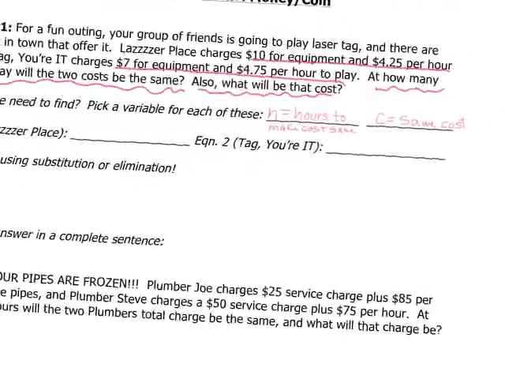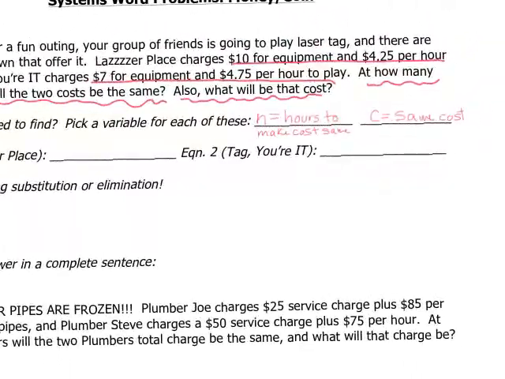So first is laser place. So again, I'm trying to find C where they're the same. So C equals, how is the cost of laser place made up? Come on, guys. We've been writing equations like this forever. Okay, Joe? The equipment fee and time per hour.